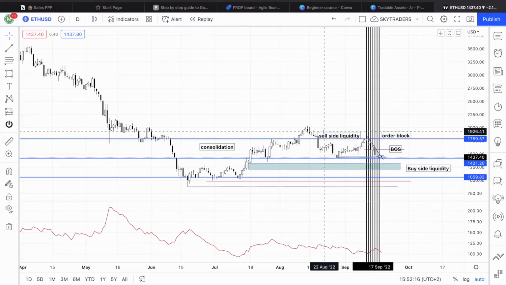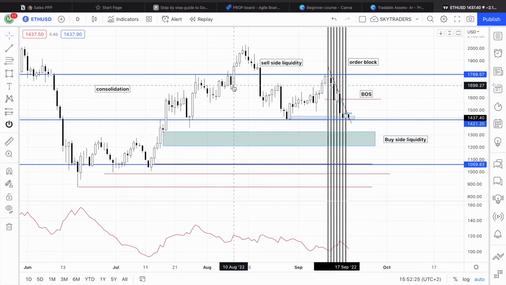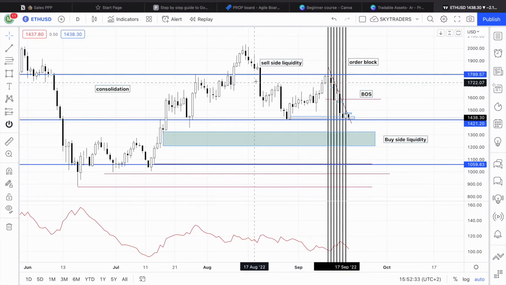We created an order block after we broke this market structure. Let's zoom in. After we broke this market structure by this high pressure sell candle, with a huge sell order flow, we tried to trade back to this previous resistance level. You can call it sell side liquidity, you can call it a liquidity void.